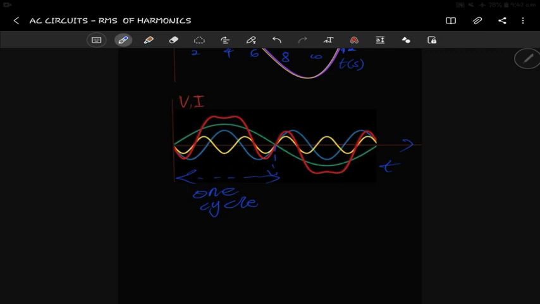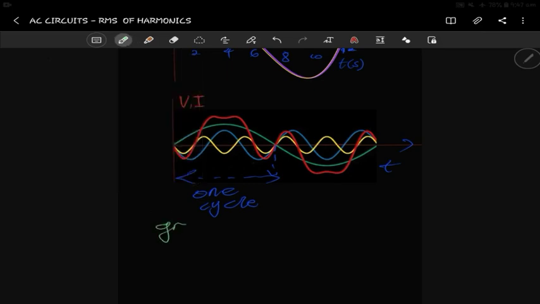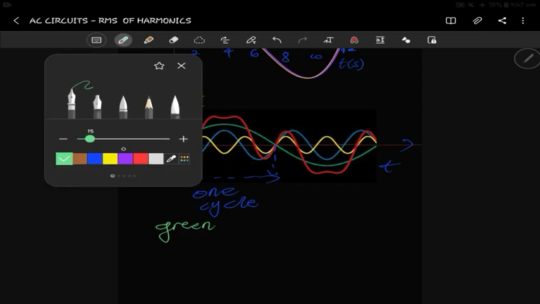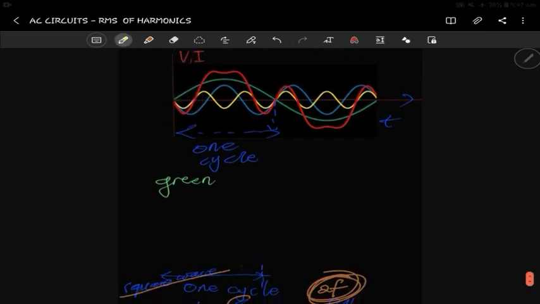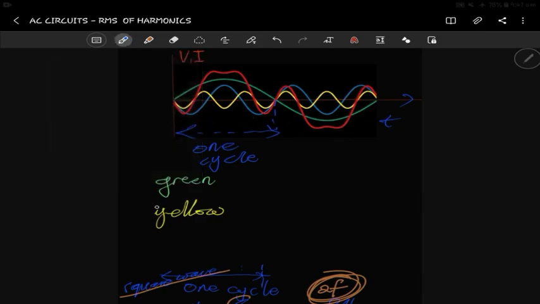So the green, which we call the fundamental waveform. And then we have the yellow. And then we have a blue, right? The differences are subtle, but we're just going to look at them.